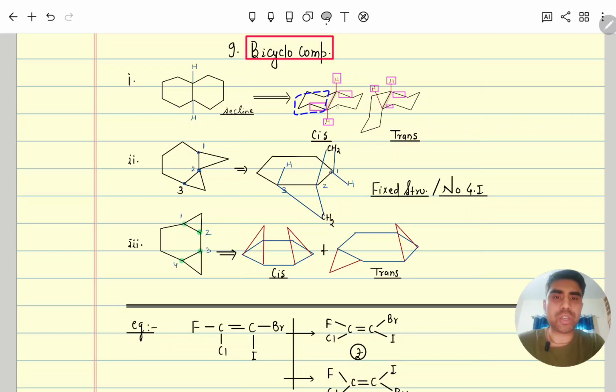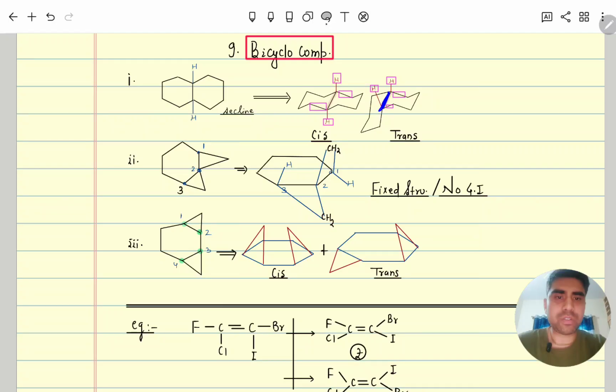So both chair. So with respect to this restricted rotation, here this hydrogen and this hydrogen, it is cis. With respect to this, the two hydrogens can be up or down. So it is cis. Whereas here this one is trans.